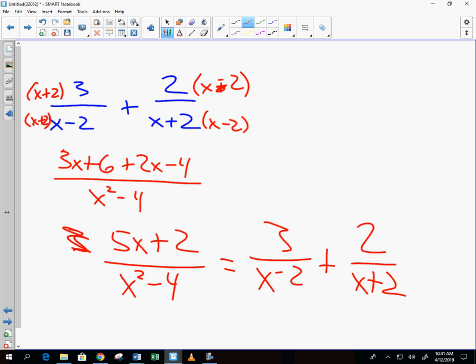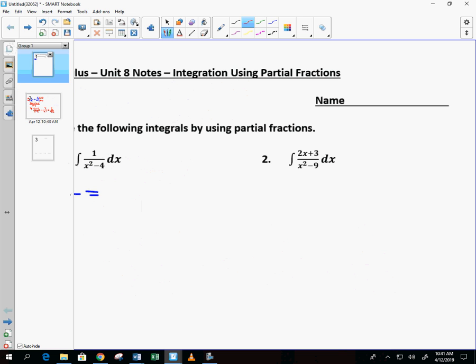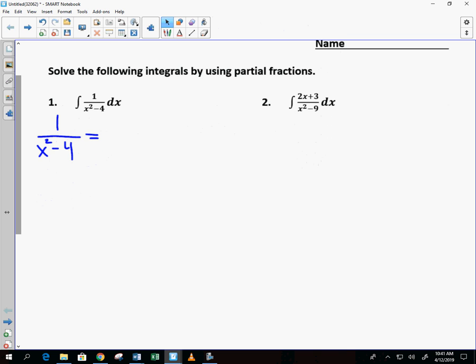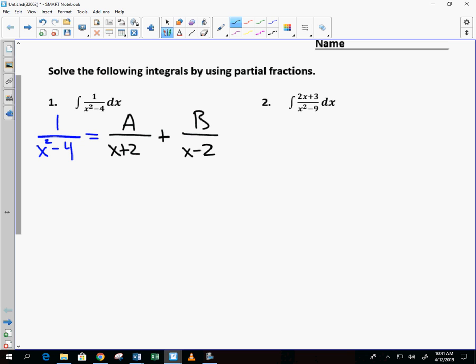So that's what we're asking right now. Is the fraction that we currently see, what two fractions are added together to get that? That's a good guess, but it's not correct. Would everybody agree that it's something over x plus 2 plus something over x minus 2?